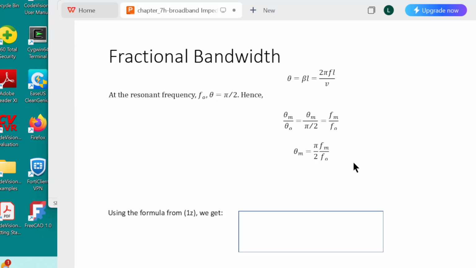And we can work out the value of beta m based on this formula. Also, our target is to work out the bandwidth. The bandwidth is delta F divided by F0. Delta F is the upper frequency minus the lower frequency, as I said here.